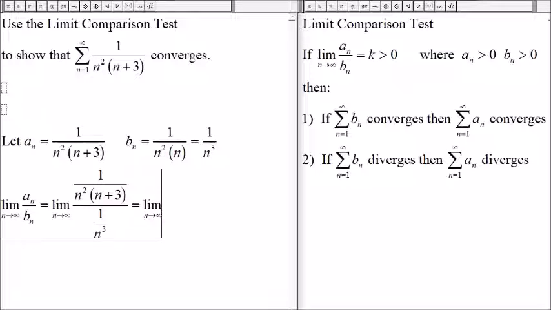And then we can simplify this. Dividing by 1 over n to the third is the same as multiplying by the reciprocal.